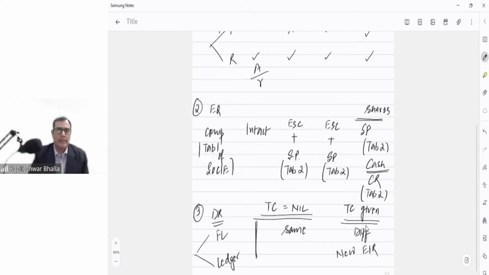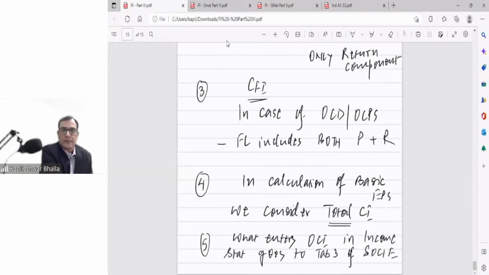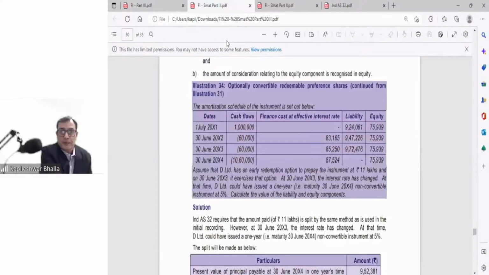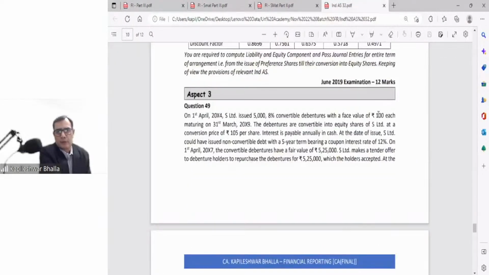Now, I'm going to explain this special agenda with the help of an illustration which is given in the study material. So let me take you now to the study material. This is a question which is given in the study material as well, but I've also organized a similar kind of question. So maybe you can try illustration number 34. Let me take a slightly different question with you.